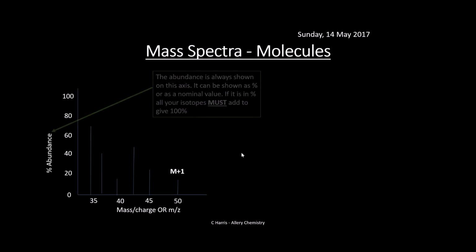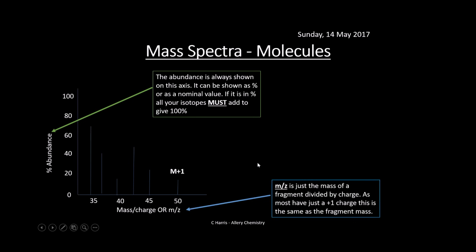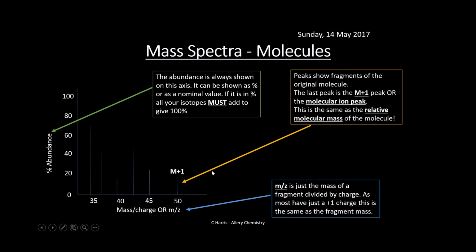Okay, let's have a look at mass spectra of molecules. So again, we've got this abundance here on the left-hand side, shown as a percentage. So if it isn't a percentage, your isotopes must add up to 100. Just be careful, it might be a nominal value. And obviously we've got these m/z values here, which is your mass to charge ratio, as we've shown before.